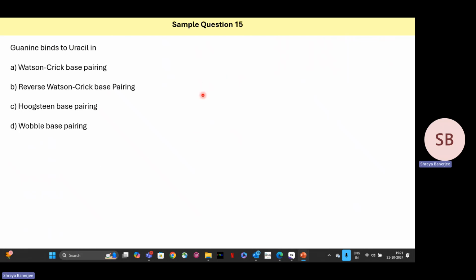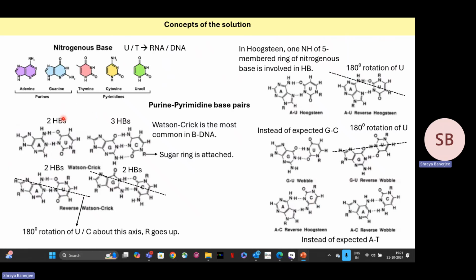Now there is a question asking, guanine binds to uracil in what kind of base pairing? We know that in normal Watson-Crick base pairing, this is the general Watson-Crick, A will bind to U or T through 2 hydrogen bonds. You can see this is one, 2 hydrogen bonds. And G will bind to C by 3 hydrogen bonds. You can also have reverse Watson-Crick.